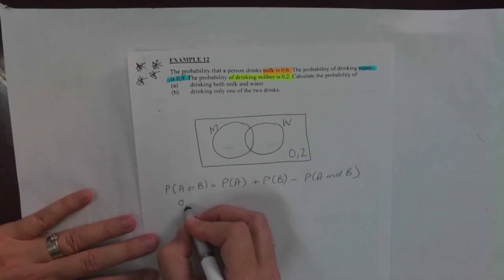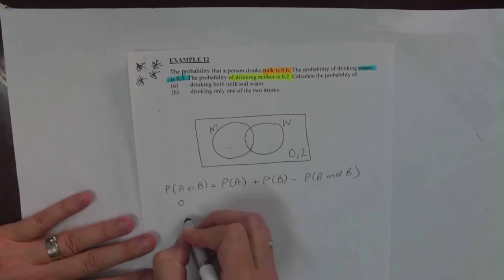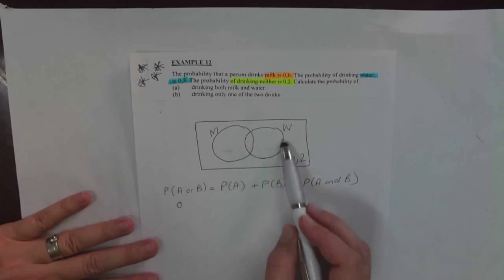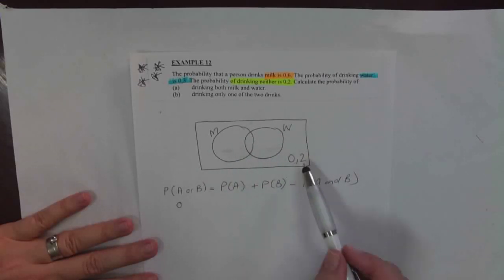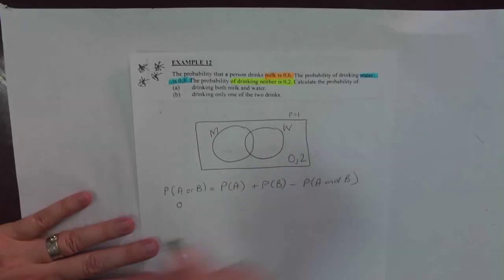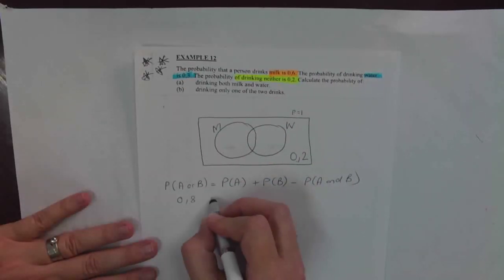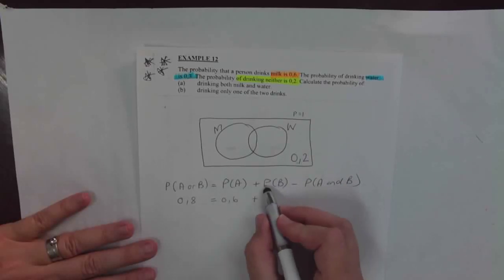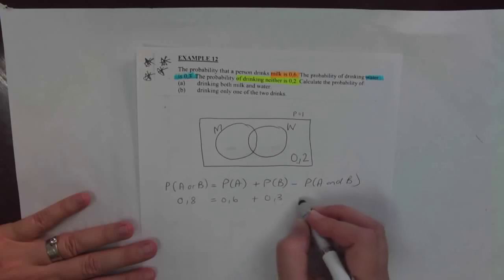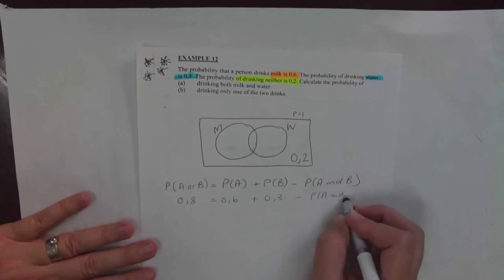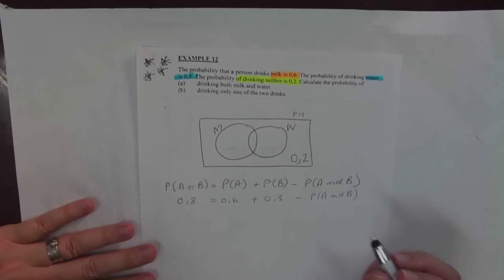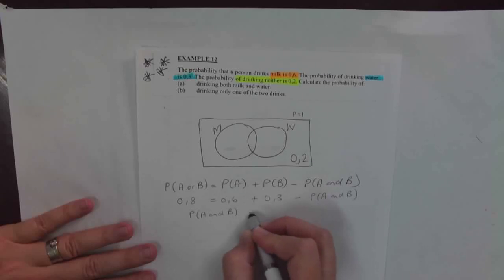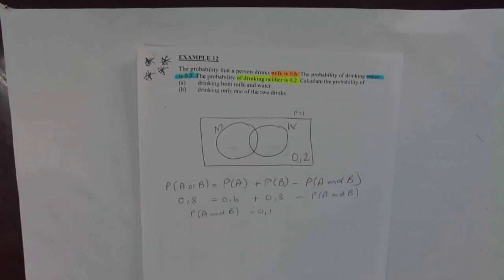I have got A or B. I don't have a 0,8. Because why? Because 0,2, it must equal 1. So that will be 0,8. Probability of A, 0,6. The probability of B is 0,3, and I don't know that.